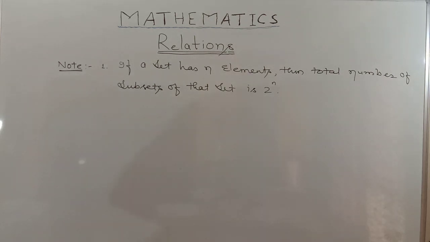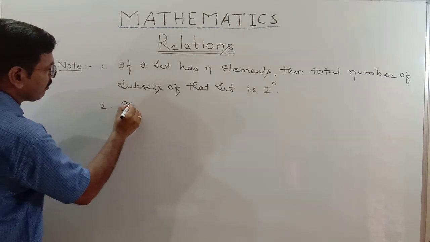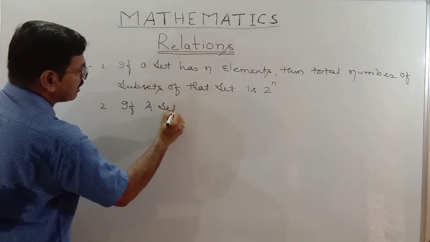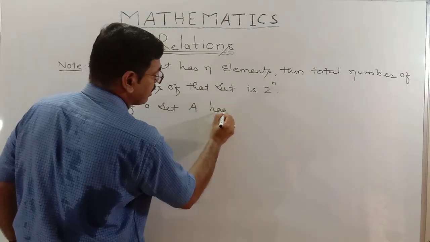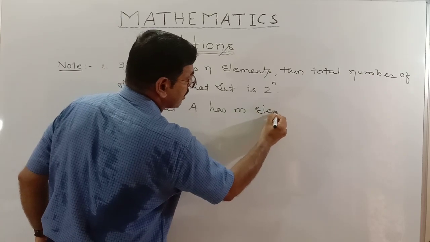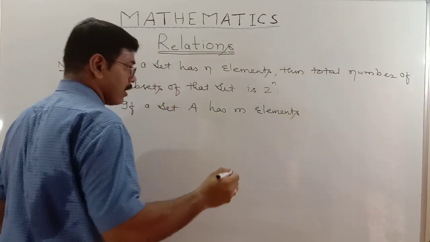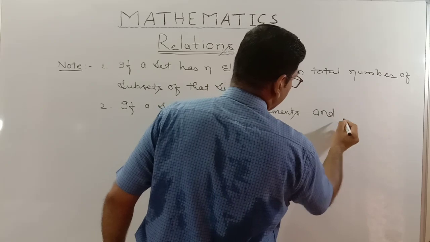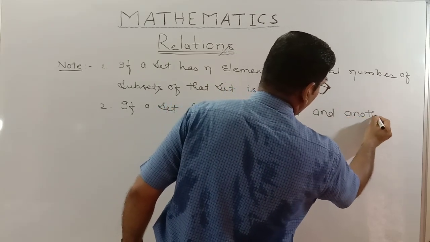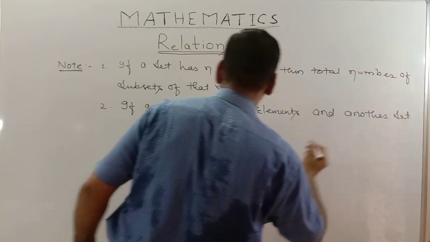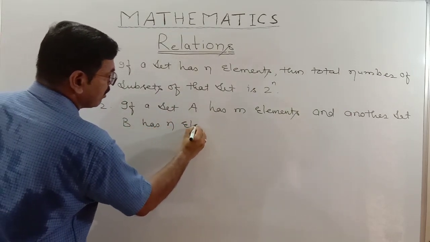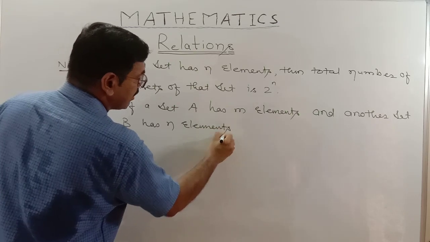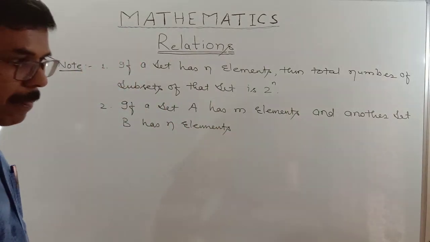Now if a set A has m elements and another set B has n elements, can you tell me how many ordered pairs will be there?